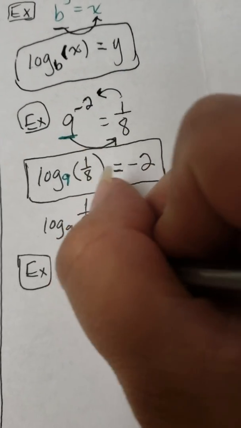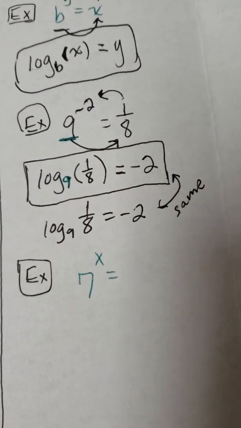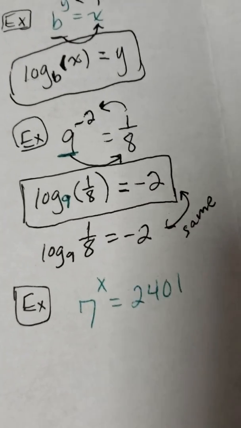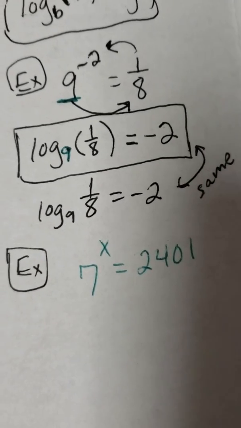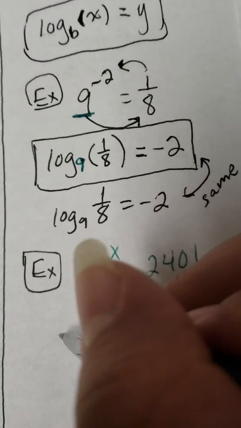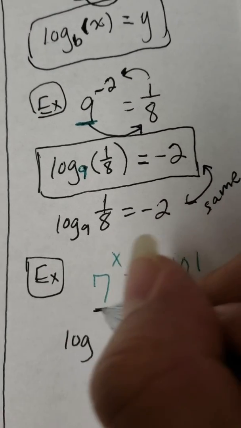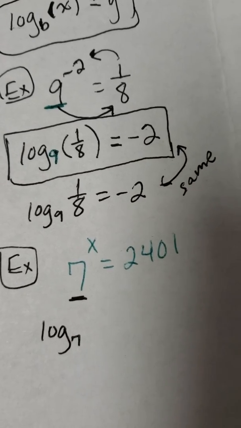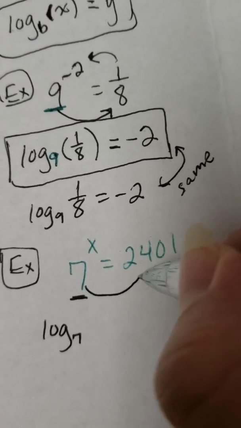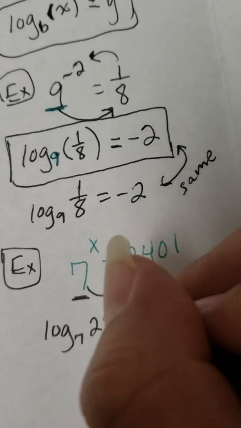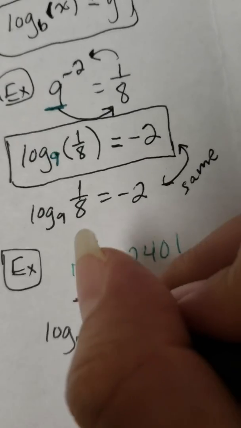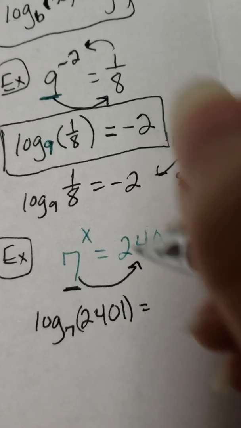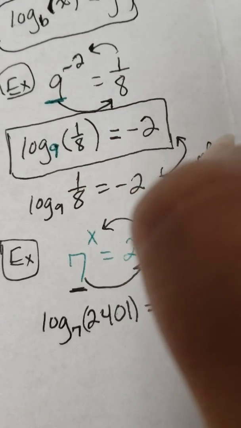Okay, so let's look at another example. Let's do 7 to the power of x is equal to 2401. So we're writing this as a logarithm. Again, we start with the word log, then the base, which is 7. So log base 7 of 2401, remember the parentheses are optional on this part, is equal to x.